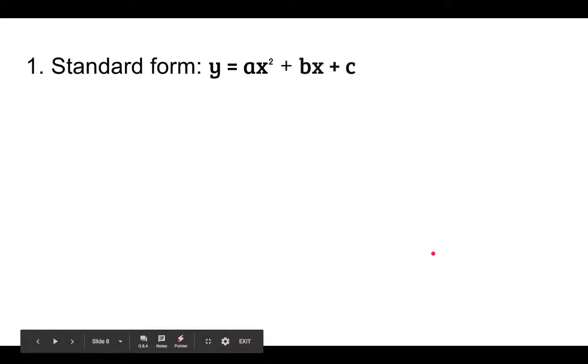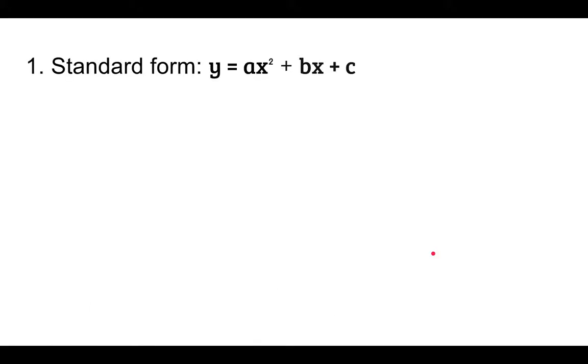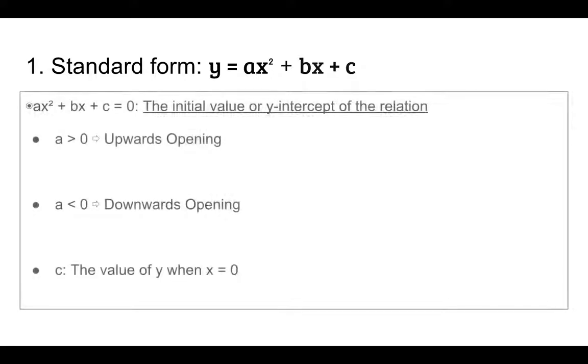So 1. The standard form, y equals ax squared plus bx plus c. The c can be the initial value or y-intercept of the relation. If the value of a is more than 0, the graph will be upward opening.